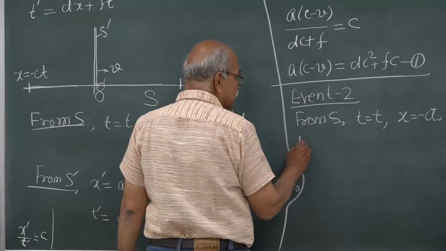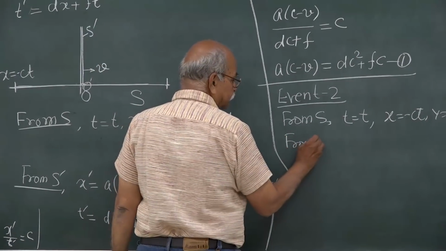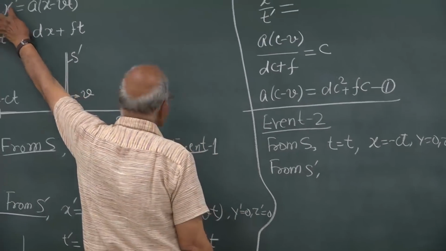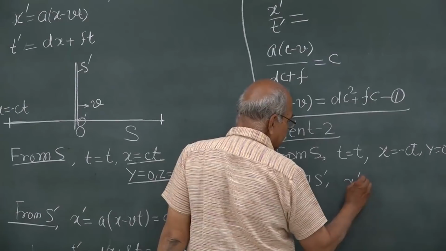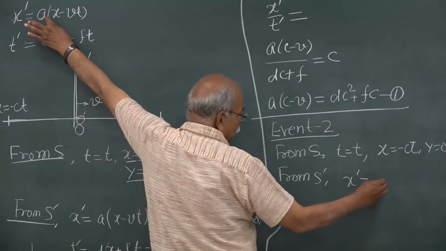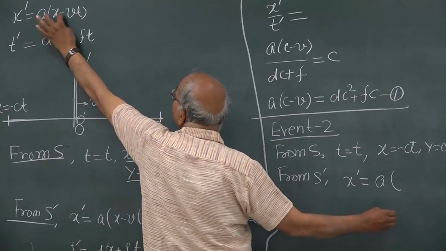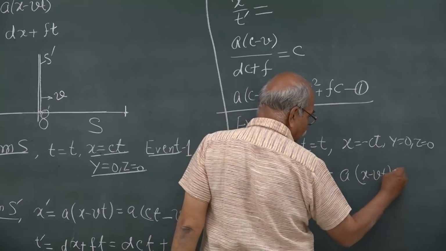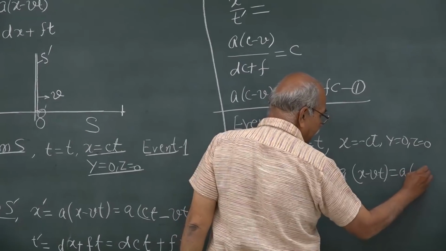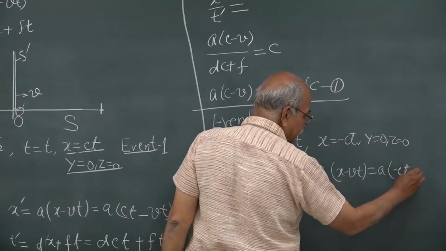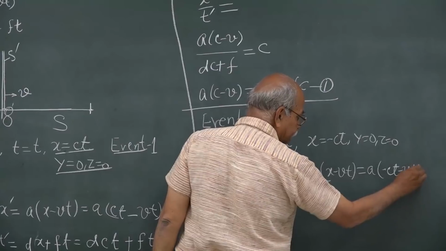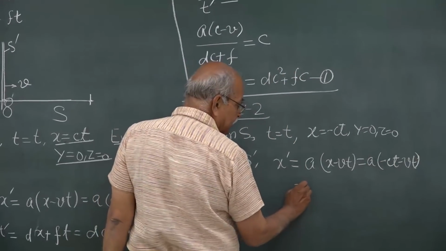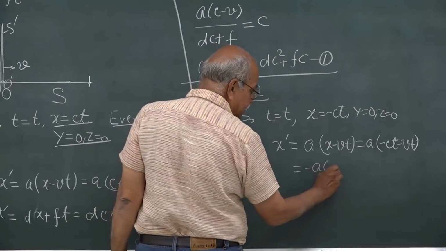So, you can write from S prime. From S prime, let us write this x. So, x prime is equal to A into x minus Vt, and what is x? x is minus Ct, so minus Ct minus Vt, that is x prime is minus A into C plus V times t.